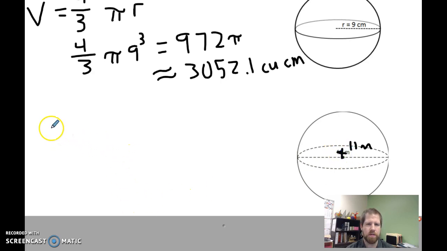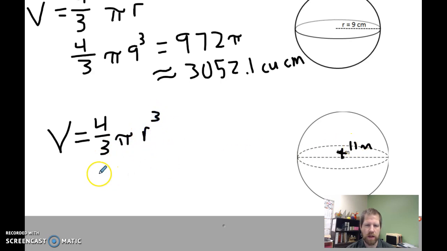So grab our formula again. Volume equals 4/3 pi r cubed. 11 meters is our radius. So I'm going to have 4/3 pi 11 cubed.